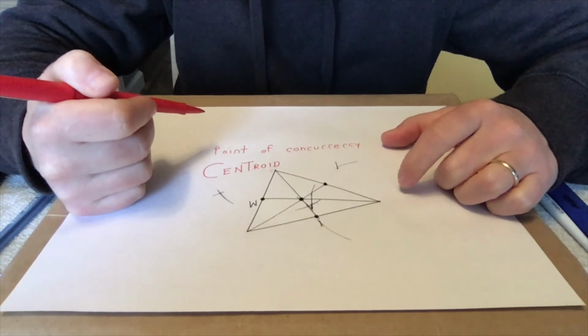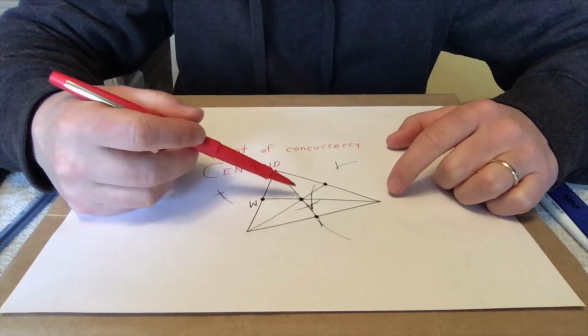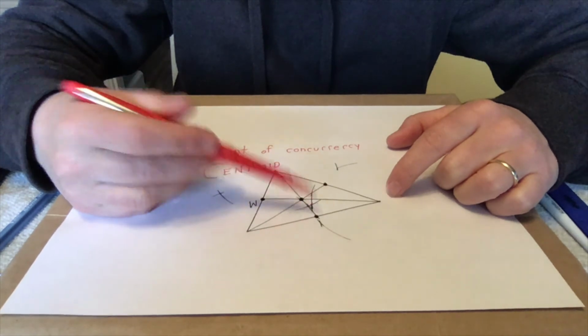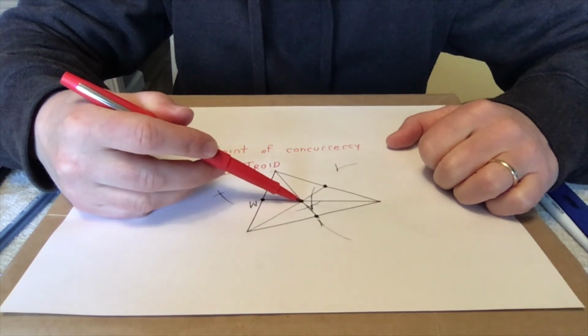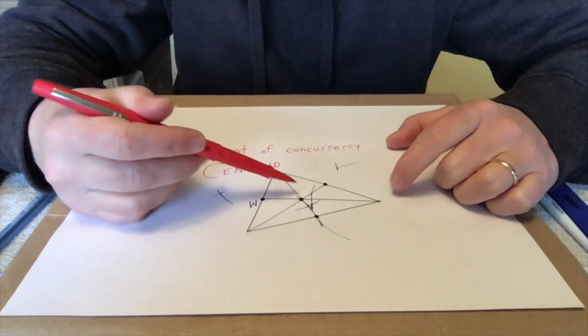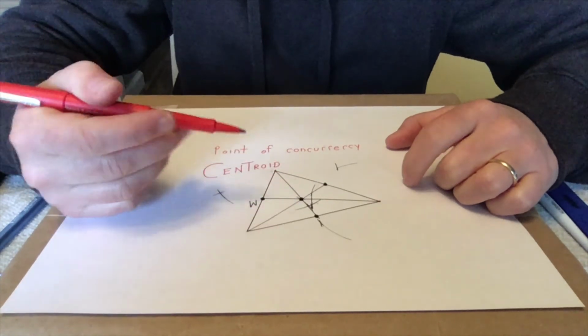The other thing that's cool about the centroid is it is exactly 2/3 of the way from a vertex to the midpoint of the opposite side. So from here to here is 2/3 of the whole distance. So you can do a lot of math problems finding the lengths of these pieces inside the triangle.